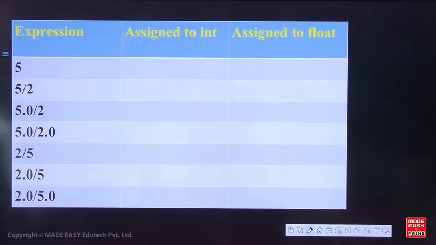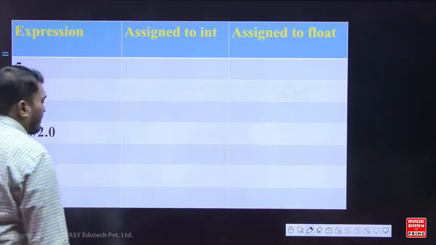Yeah, Shubhi Goel, it will not give any error. Okay, so just listen here.